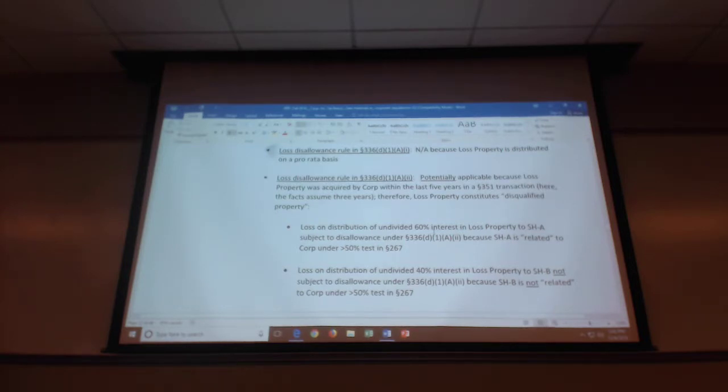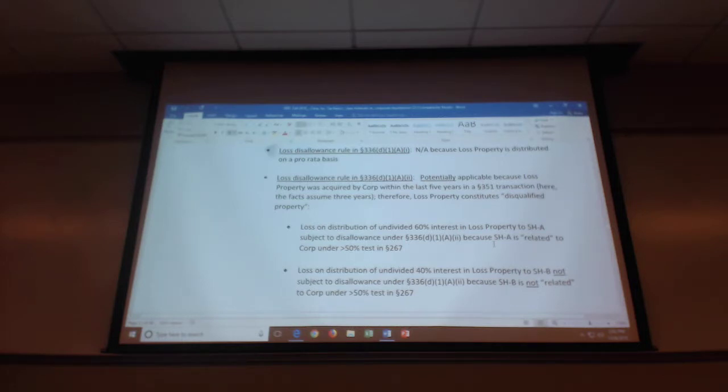However, the distribution of the 60% interest to shareholder A does cause a problem because we have a distribution of lost property that was acquired within the last 5 years in a 351 transaction at a time when the property had a built-in loss, and now there's a liquidating distribution to a related party.